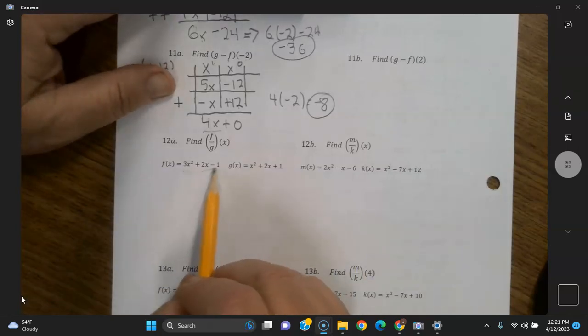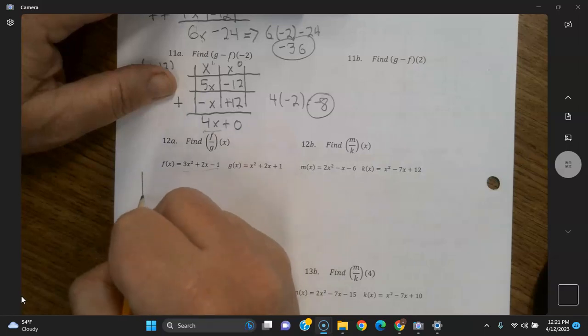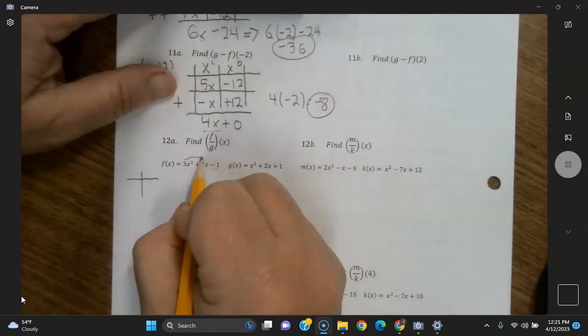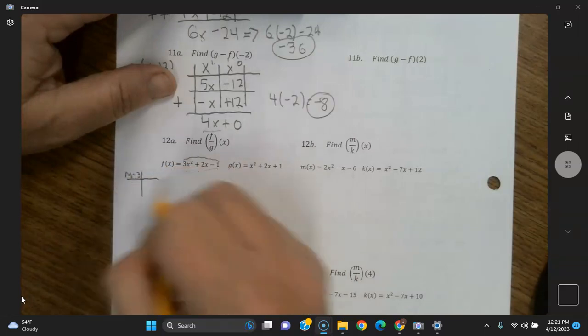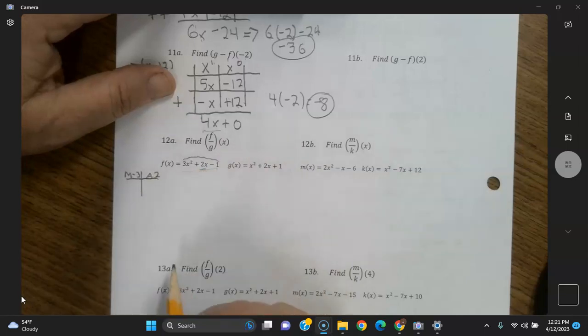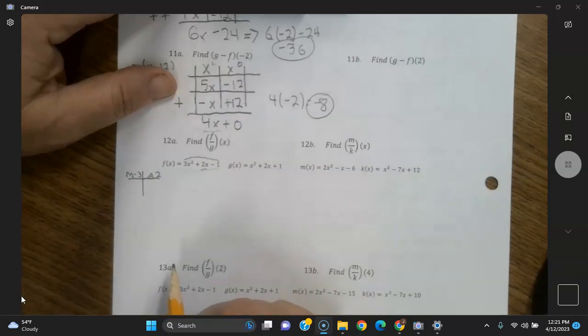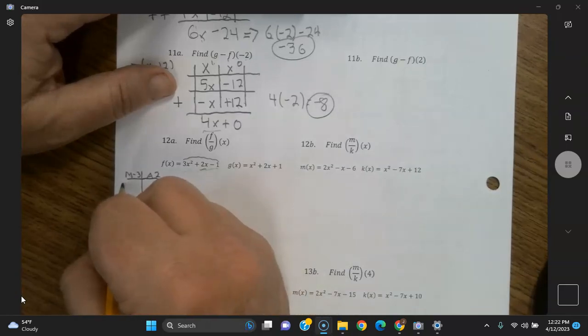So let's factor this. We've got to find 2 numbers that multiply to negative 3 and add to 2. Okay? Multiply to negative 3 and add to 2. So the 2 numbers are going to be negative 1 and 3.